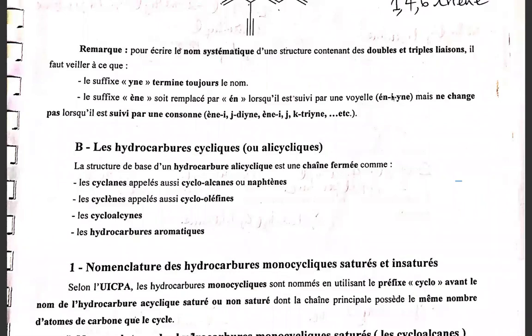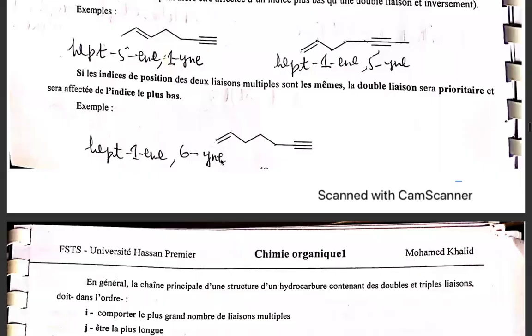So here, the "i" is just to show that we can have a diene, a triene, a tetraene, etc. So the ending should always be en-i-yne. Is it clear on this part? Is it clear on this part? Before we name this compound.